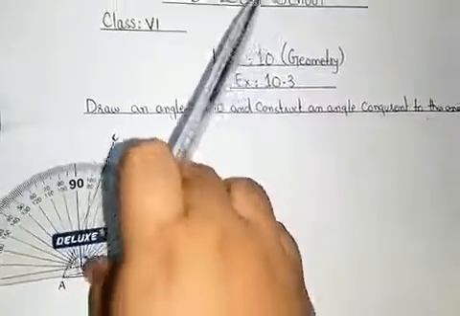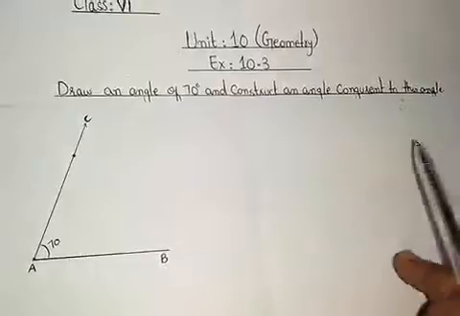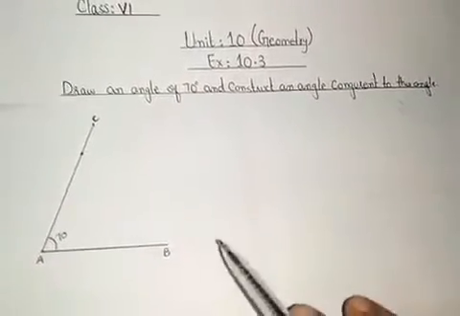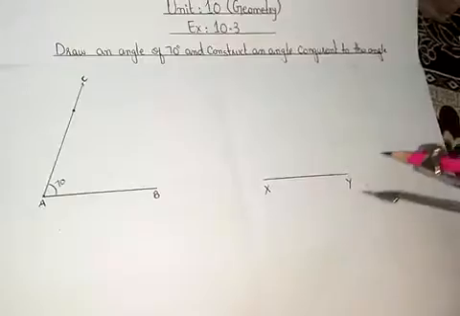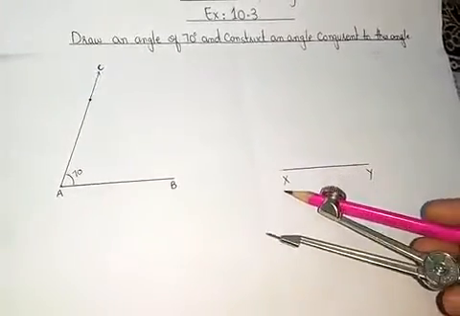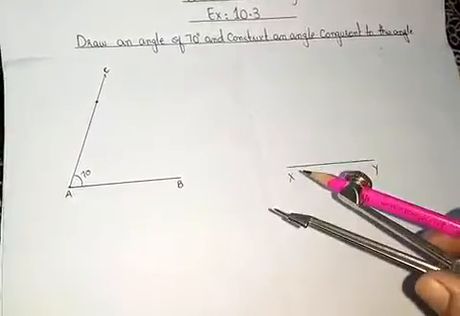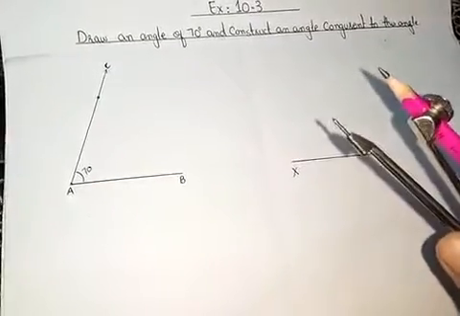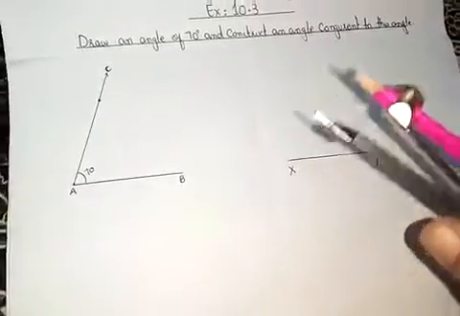Now I have to draw a congruent angle of this angle, and to make the congruent angle we have to draw a line next to this angle. Now I have drawn a line next to this angle and I've given it the names X and Y. After this we have to open our compass with a suitable radius, and I have taken a radius of 3 centimeters.